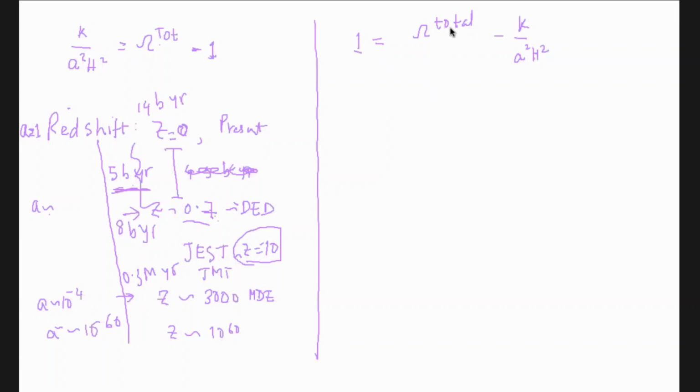We have just said that omega matter is 0.3 and omega dark energy is 0.7. Now, we define a new quantity, omega k, where omega k is nothing but minus k by a square H square.